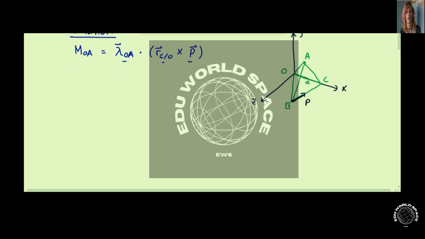Okay, so we are going to draw the XZ plane. We look at the triangle OBC, and then this is where A is, and this is 30 degrees.